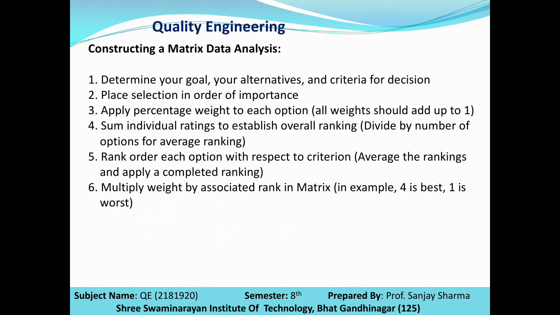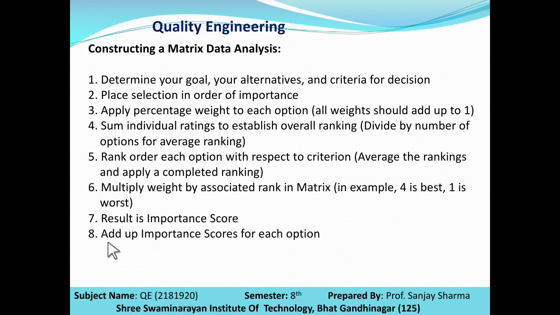So depending on that, you have to multiply the weightage by the associated rank. The result is the importance score. So depending on the ranking and weightage, when we multiply the rank and weight, whatever value we get is the result, and depending on that we select the priority.